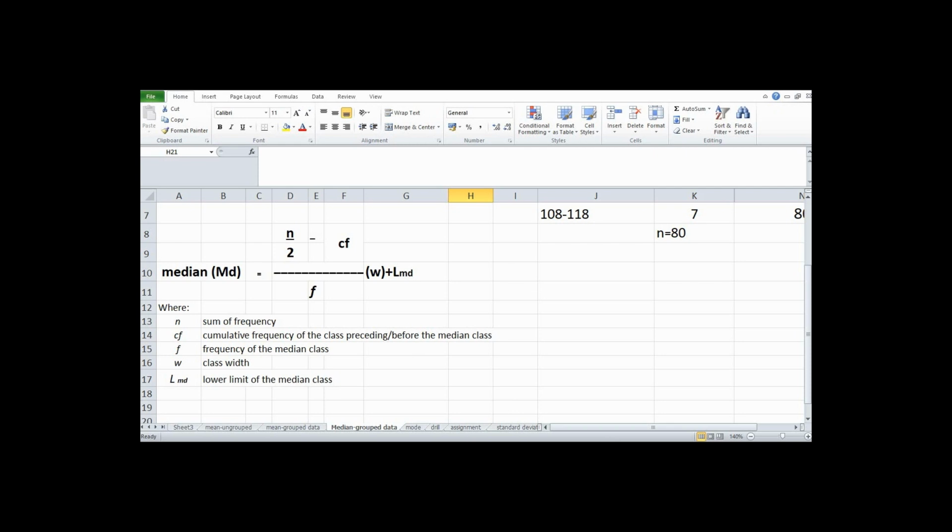First, we need to familiarize ourselves with the formula for median.